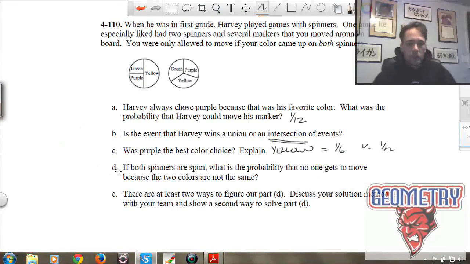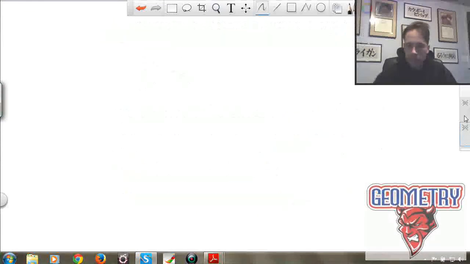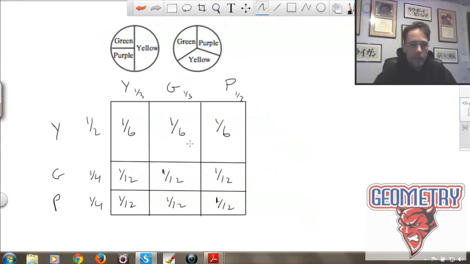If both spinners are spun, what is the probability that no one gets to move because the two colors are not the same? Okay, so let's go back to here. So we're looking at all the instances where the colors don't match up. So we have in this first row here, yellow and green, yellow and purple, so that's 1/6 plus 1/6.